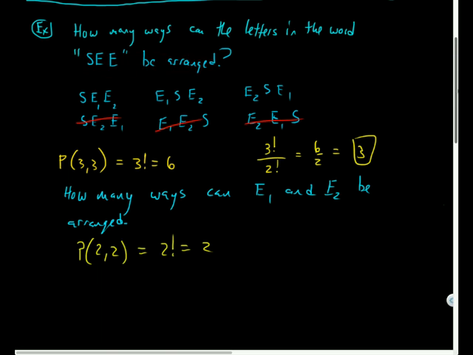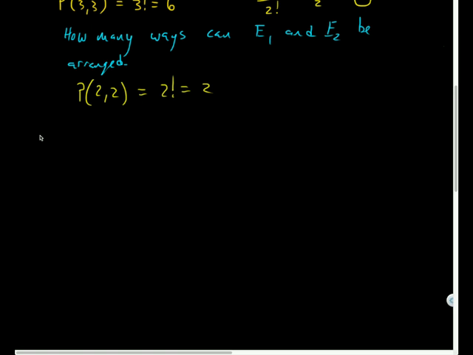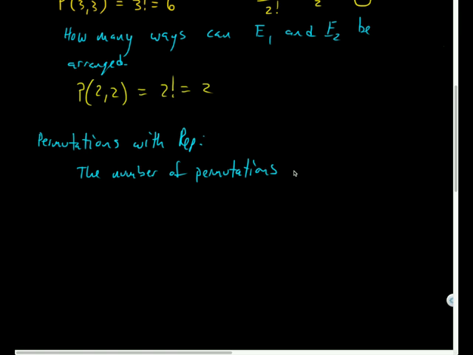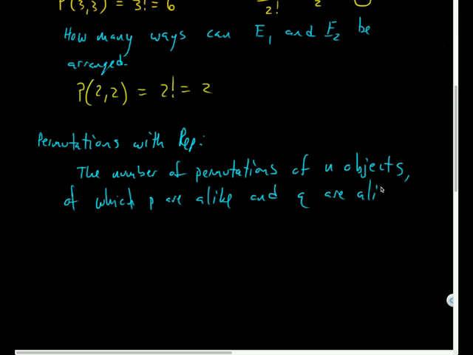So the actual formula for this, since we somewhat discovered it: if I have permutations with repetition, so the number of permutations of n objects, of which P are alike and Q are alike, is the following, and this is our formula.